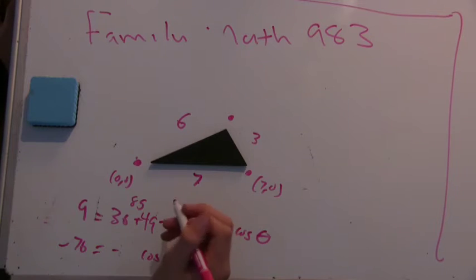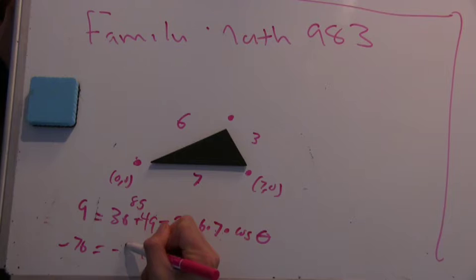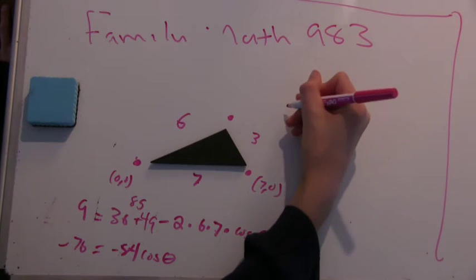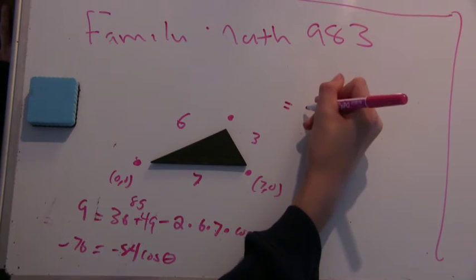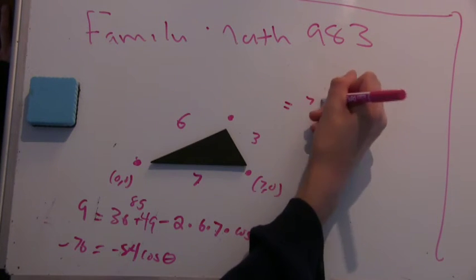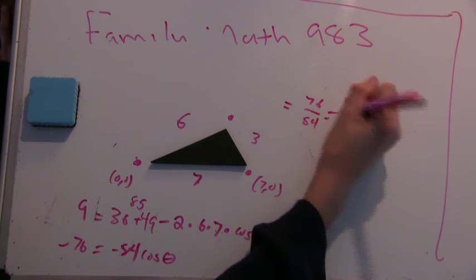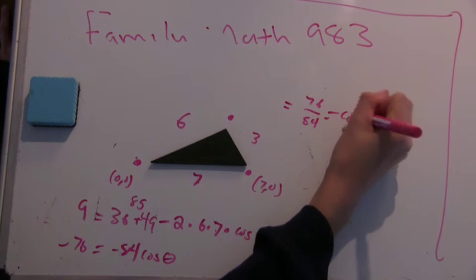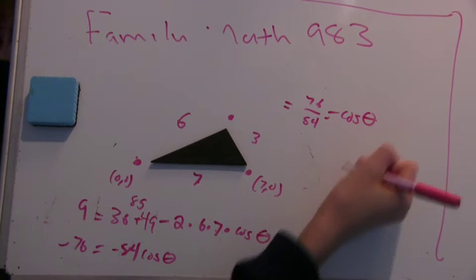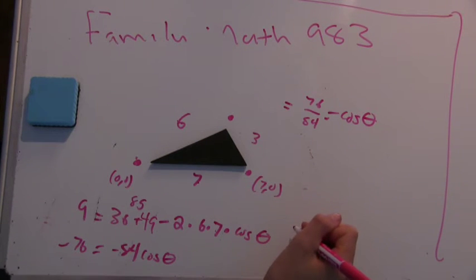So this actually turns into negative 84 cosine theta. So we get that 76 over 84 is cosine of theta, which we could simplify a little bit.